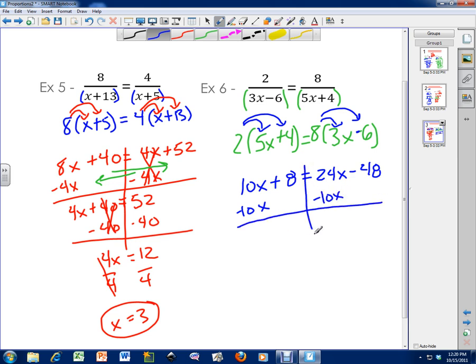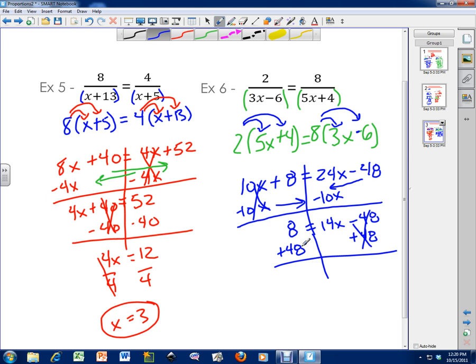And we now have just 8 by itself on the left. That equals 14x minus 48. Since I brought the variable this way, I need to bring this number, negative 48, to the other way by canceling it out. And you get 8 plus 48 is 56.